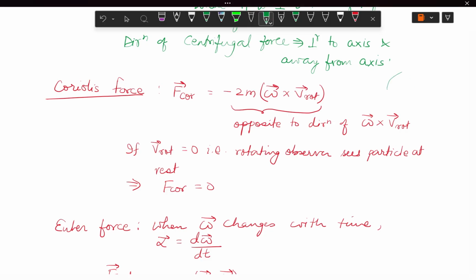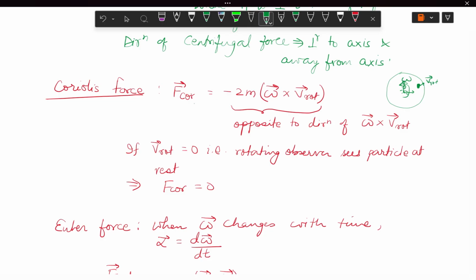For example, take a disc with a coin placed on it and the coin is slipping on the disc, and the observer here is rotating along with the disc with angular velocity omega. This observer will see the Coriolis force as well, because with respect to this rotating observer, he will see the coin slipping with this velocity, which we are calling v_rot.